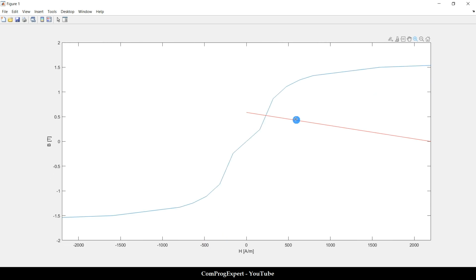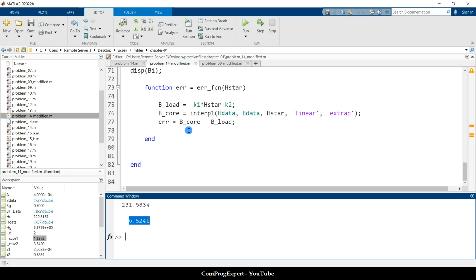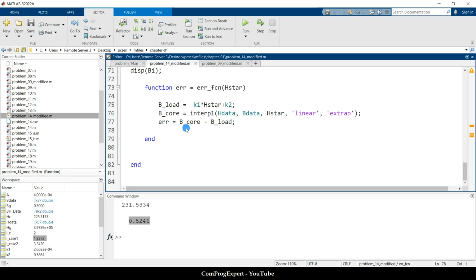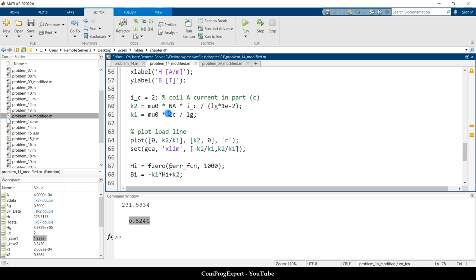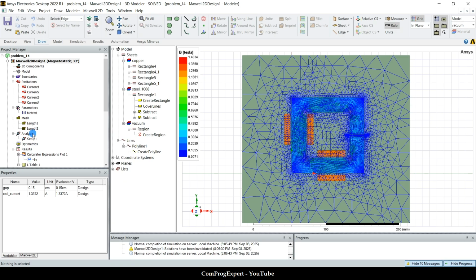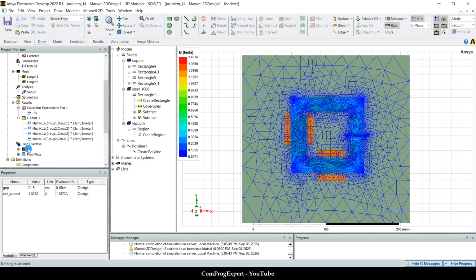So yes, we calculated the value of the H and the value of the B inside the core when we set the value of the coil current equal to 2. Let's check this in the software.